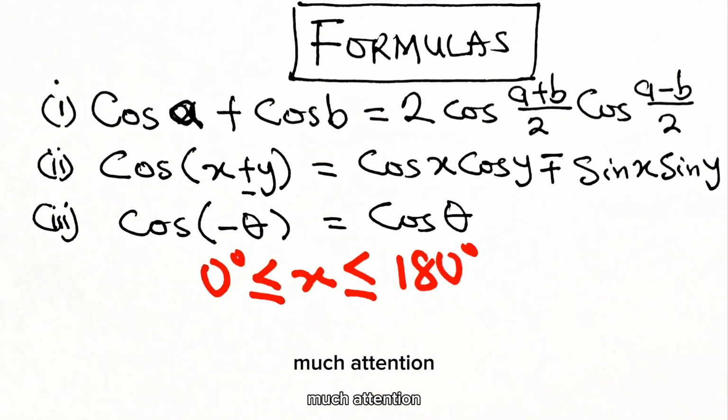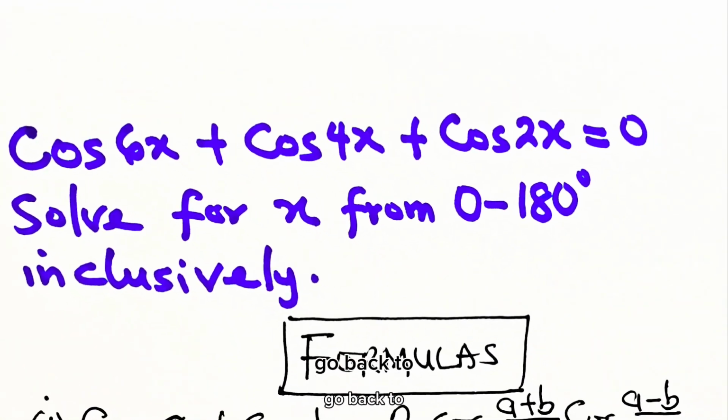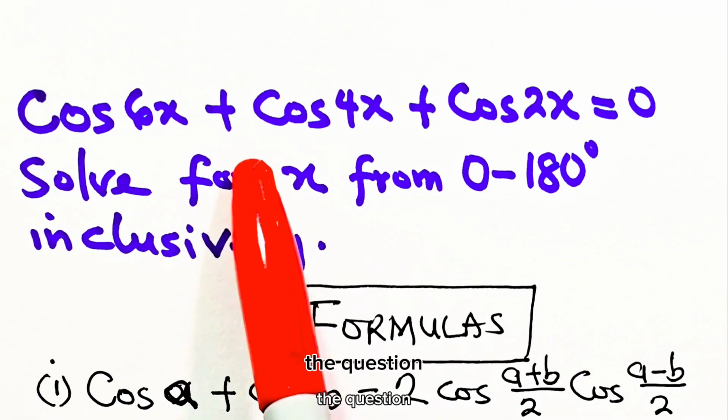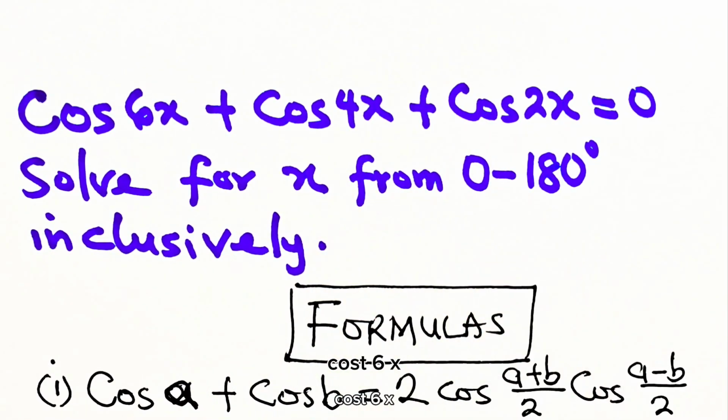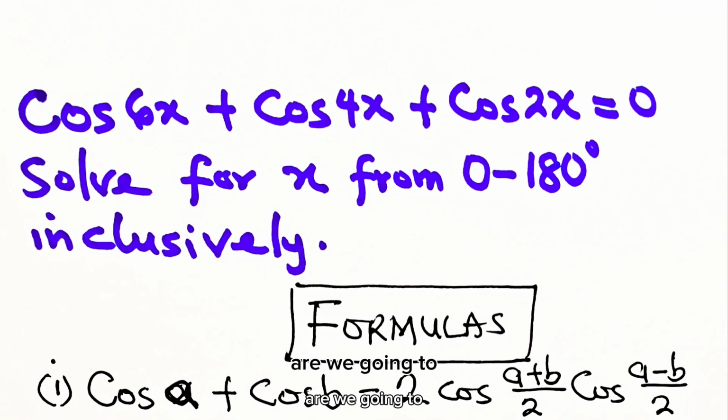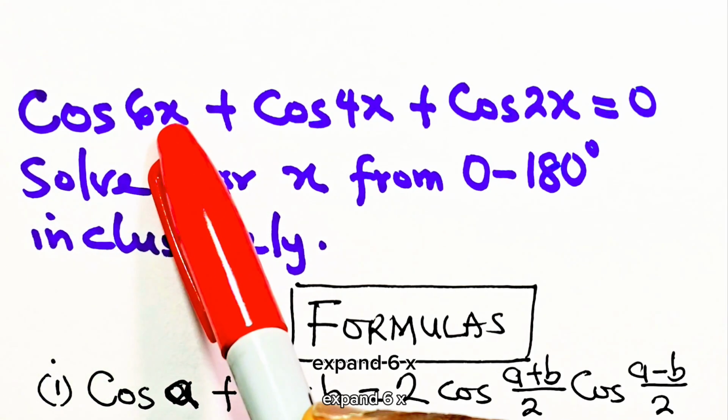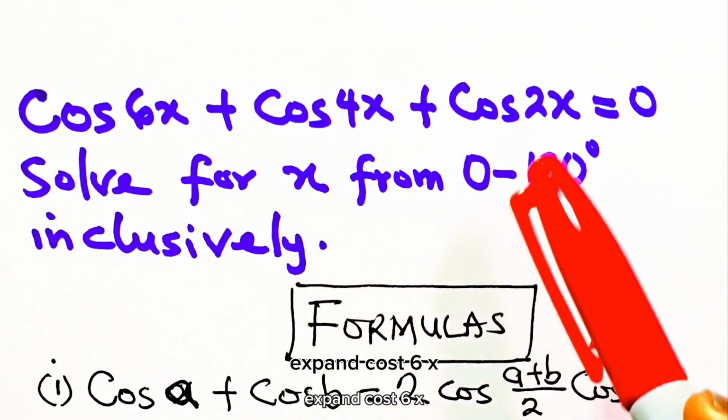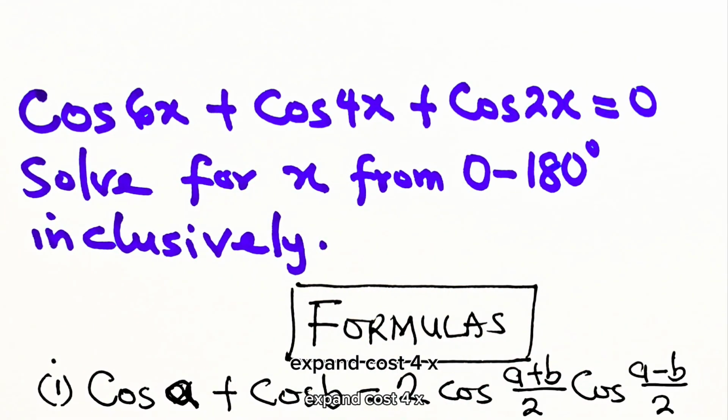Now go back to the question. We have cos 6x plus cos 4x plus cos 2x. What are we going to do? Are we going to expand cos 6x, or cos 4x, or cos 2x? There is no time for us. We have limited time to solve this in case you are in the exam hall.